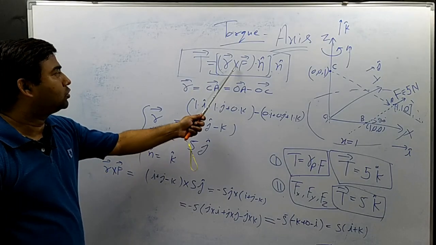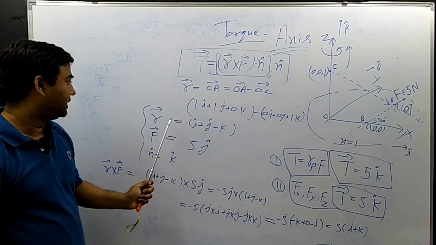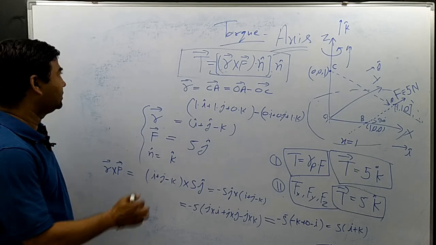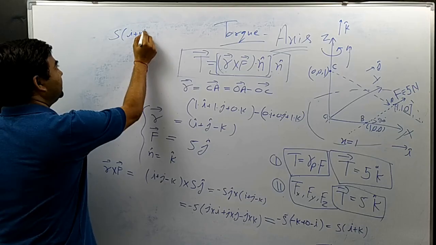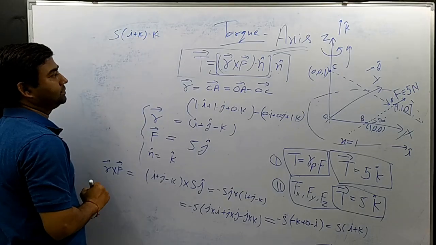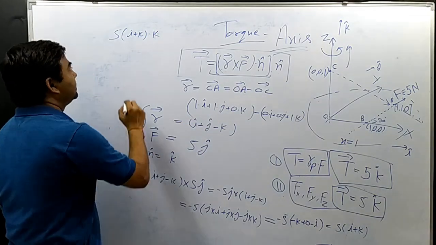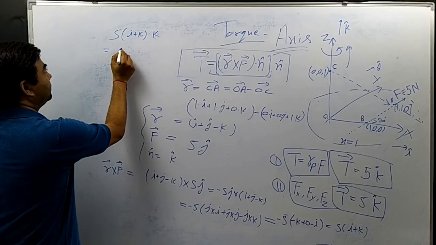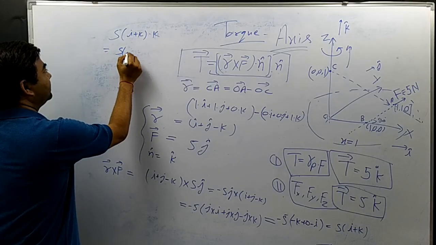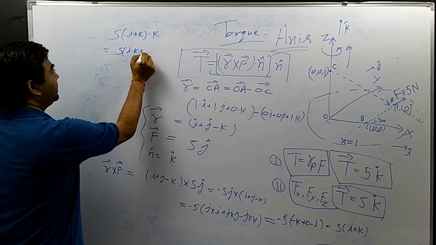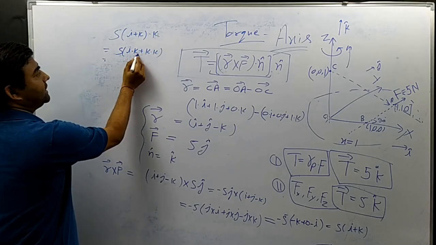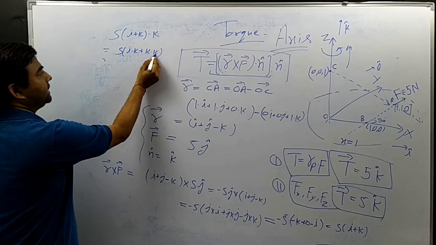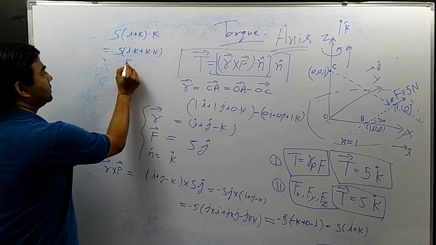So we have found r cross F as 5 times (i plus k). Now we will find r cross F dot n, where n is k. So 5 times (i plus k) dot k, that is n. So this is 5 times (i dot k plus k dot k). i dot k is 0 and k dot k is 1, so it is 5.